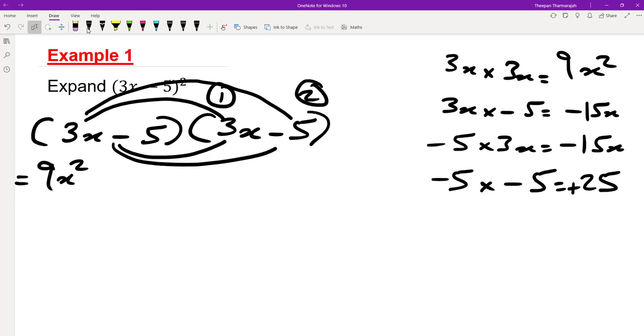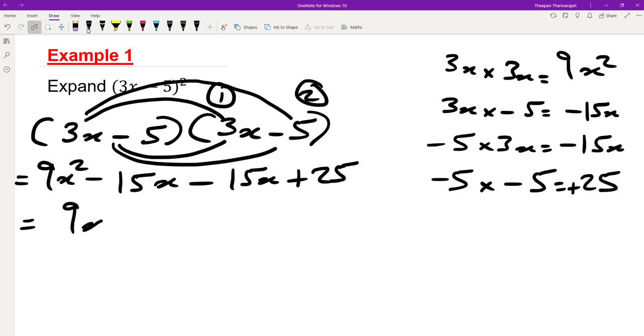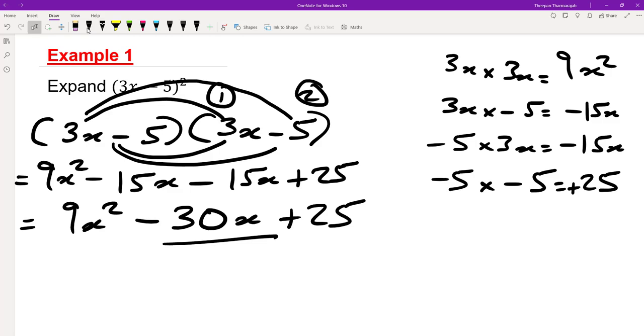So we end up with 9x squared minus 15x again, plus 25. So we get 9x squared. Now minus 15x minus 15x is minus 30x plus 25 is the solution.